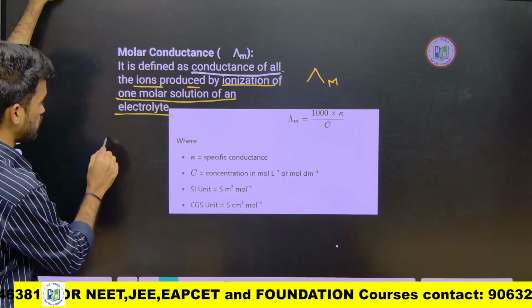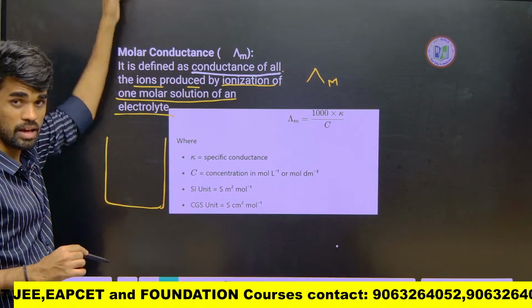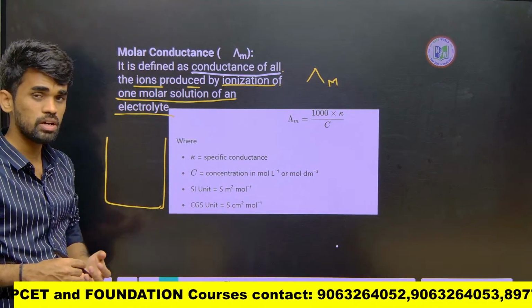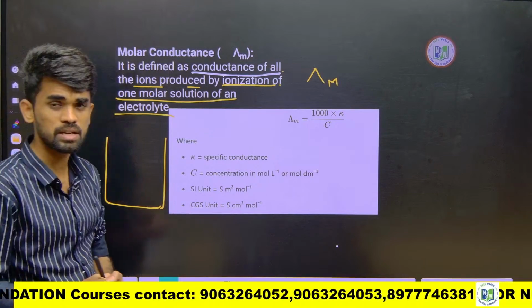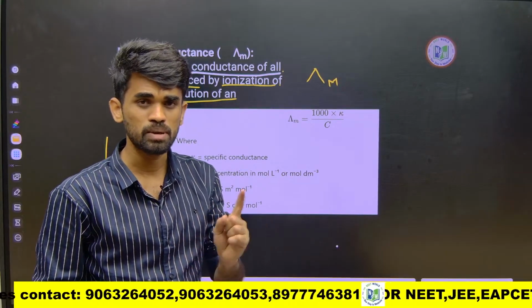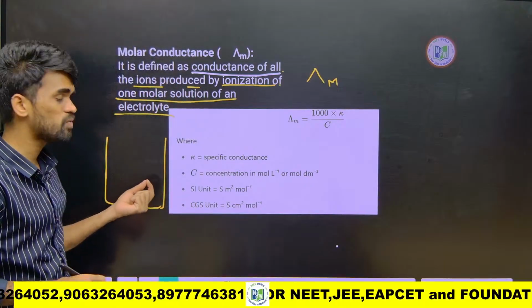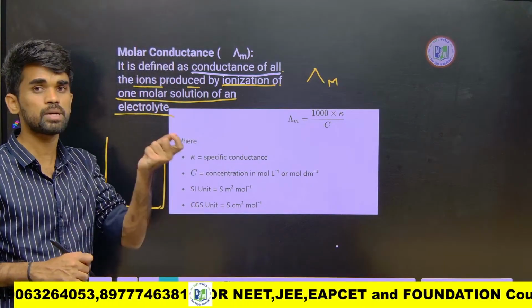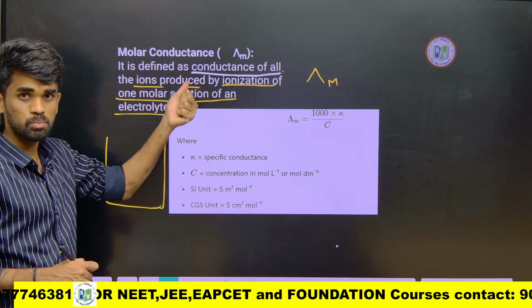So whenever you have an electrolytic solution of 1 liter, let us say, or 1 molar solution, 1 molar means the number of moles of solute present in 1 liter should be 1. Now the conducting power of all the ions produced from that particular electrolyte can be considered as molar conductance.